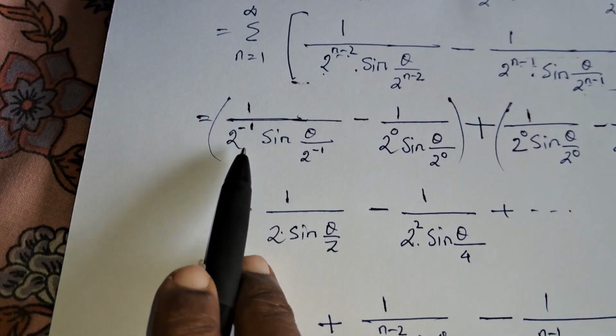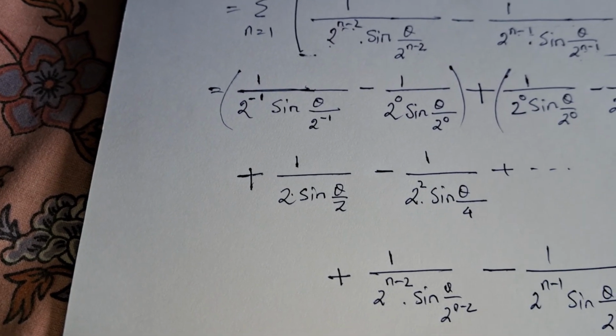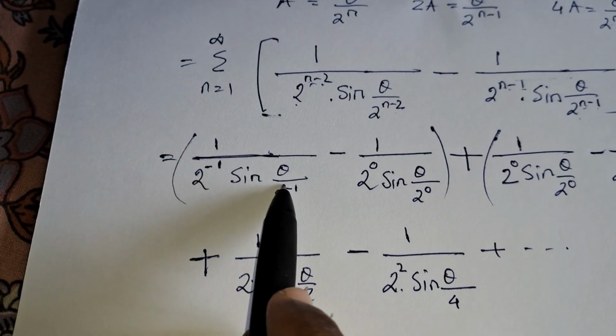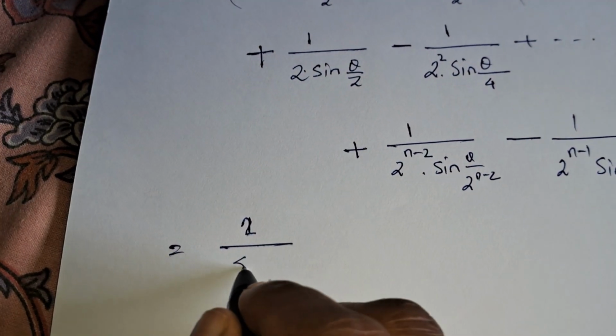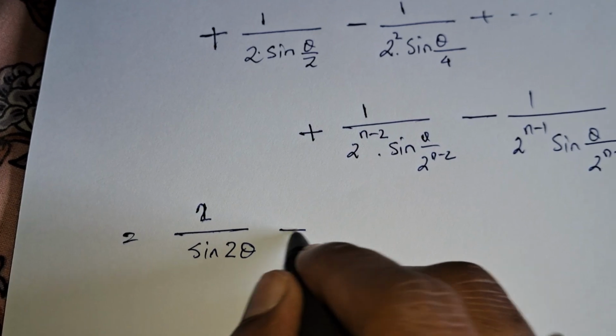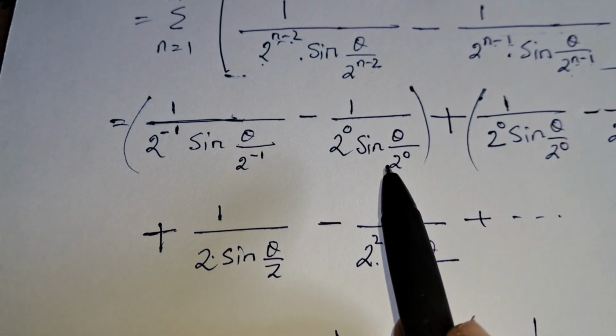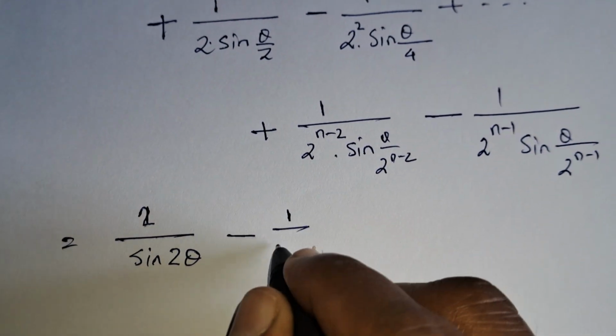So it becomes, these two will go up, these two will go up, so 2 by sine 2 theta, these two will go up, so 2 by sine 2 theta, minus 1 by sine theta, so 1 by sine theta.